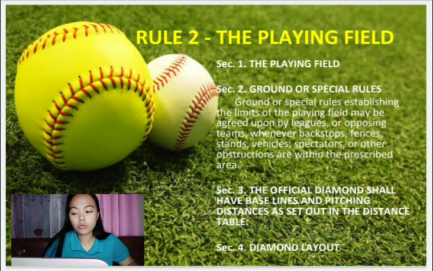So in this rule, it has 4 sections. So first section is the playing field. Ito na yung area na kung saan yung bola is legally played and fielded. So shall have a clear and unobstructed area within the minimum radius as set out in the distance table from home plate between the foul line.